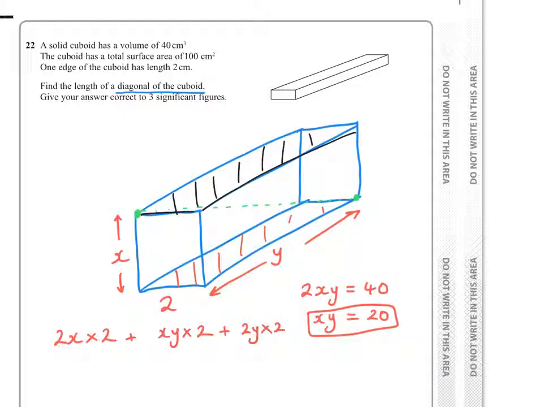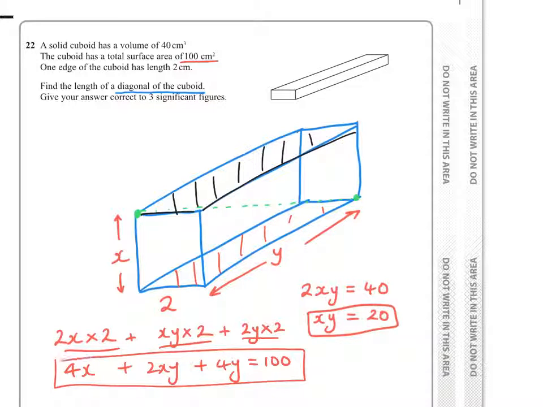So we know that 4x, that's this part, plus 2xy plus 4y has got to be 100 because that was the surface area. So that's another nice formula that we can use.